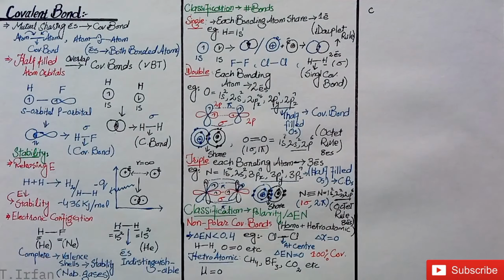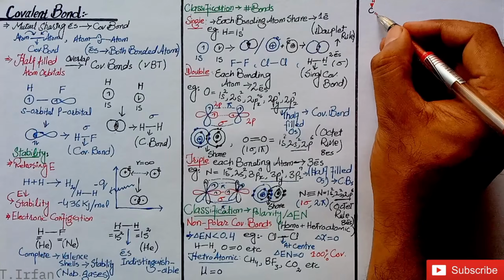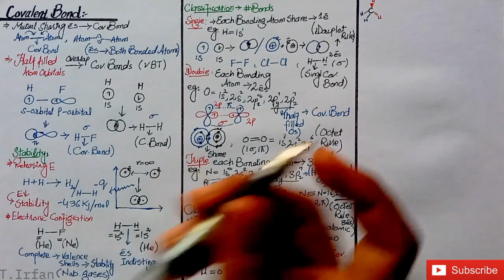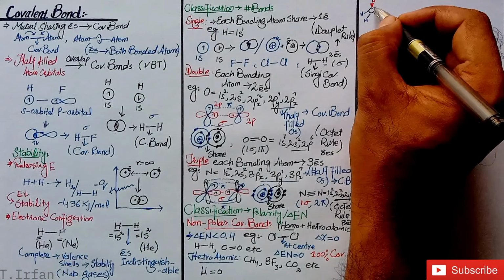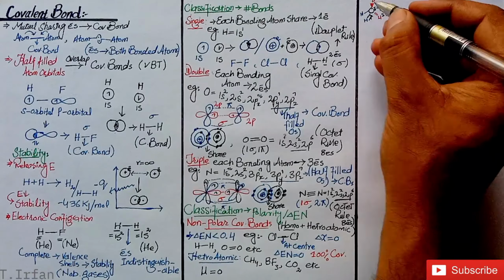CH4 is symmetrical tetrahedral. Here the bond is slightly polar, but these polar bonds cancel the effect of each other and the net dipole moment is zero.